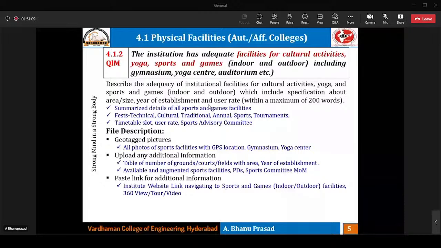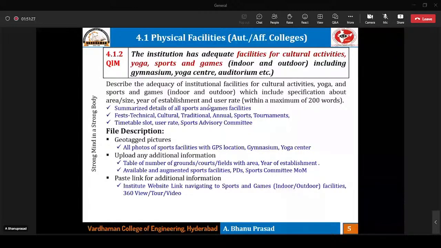In those colleges, you can make the students adapt to the cultures. In the same way, annual day celebrations, where hidden talents can be brought out, and sports and tournaments.